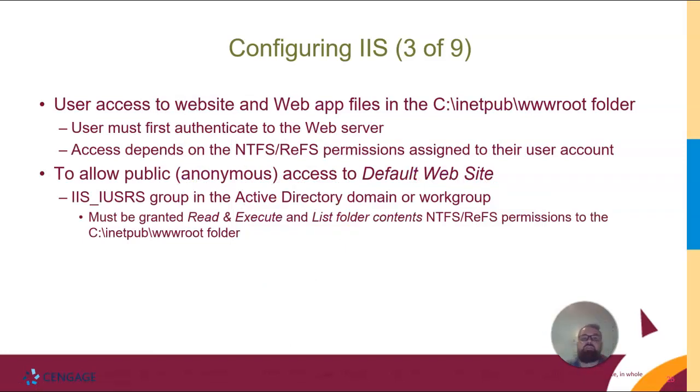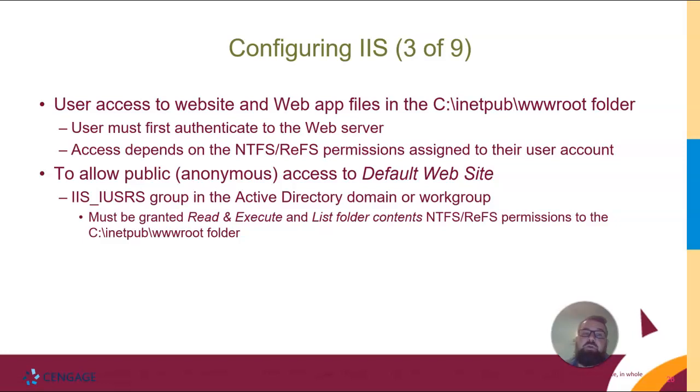So users access the website and web app files through the C:\inetpub\wwwroot folder. The user must authenticate to the web server, and then access depends on the NTFS permissions assigned to their user account.